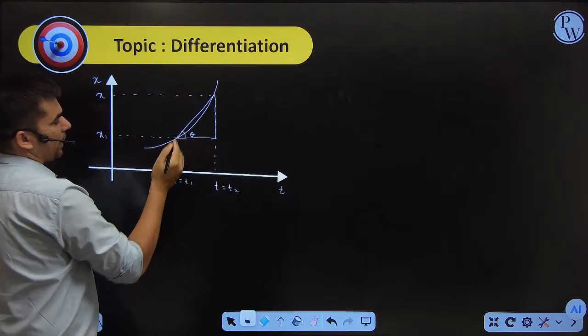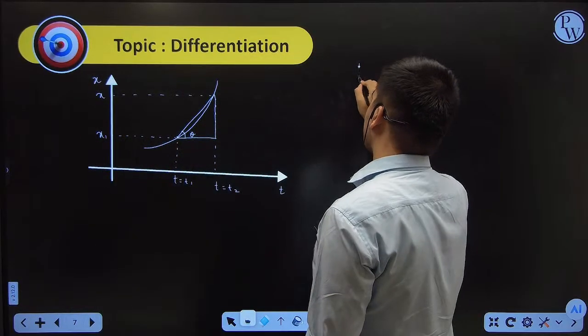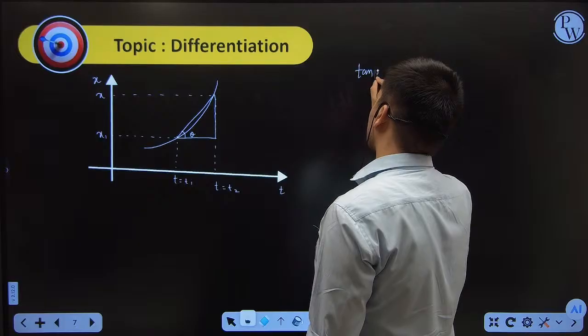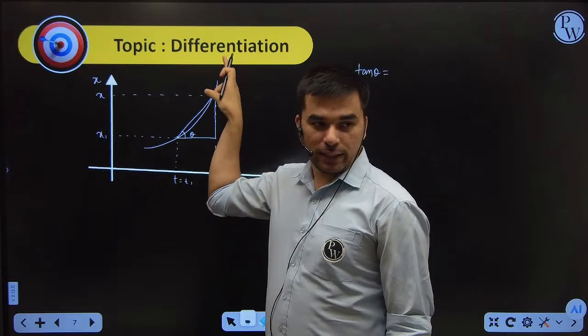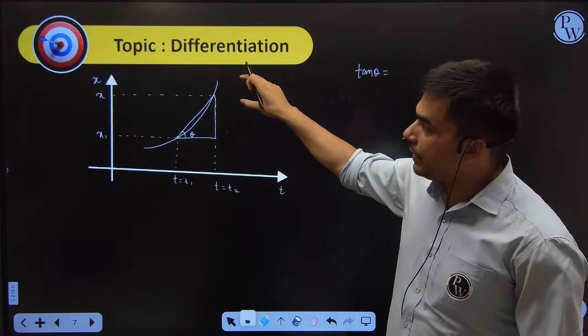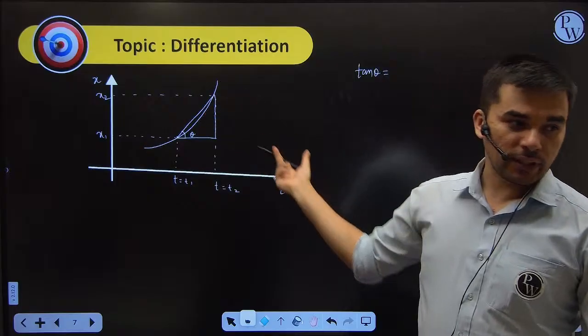What will you say the value of tan theta in this particular triangle is? Tell me. Perpendicular divided by base. What is the value of this perpendicular? x2 minus x1, divided by t2 minus t1.